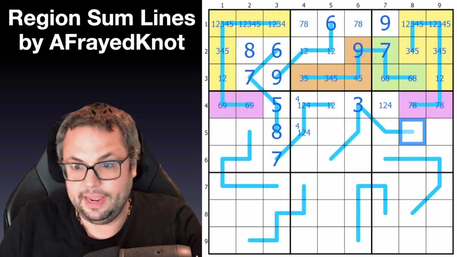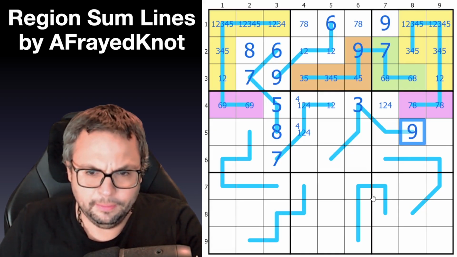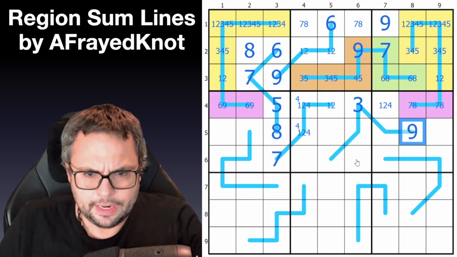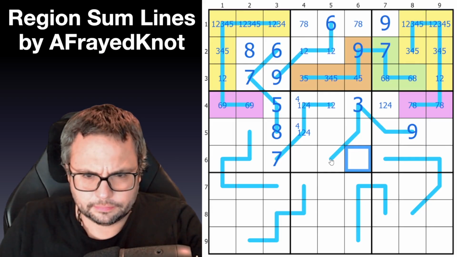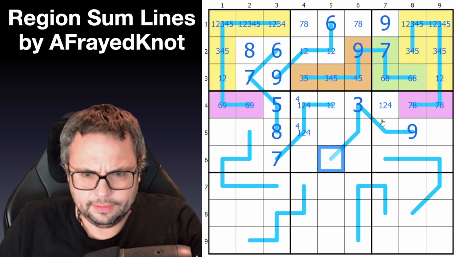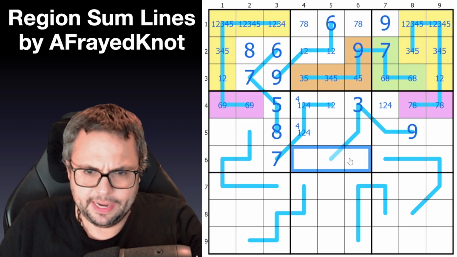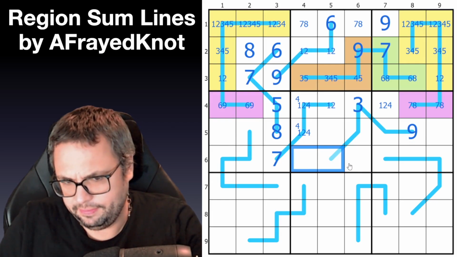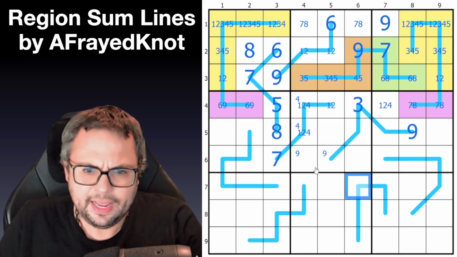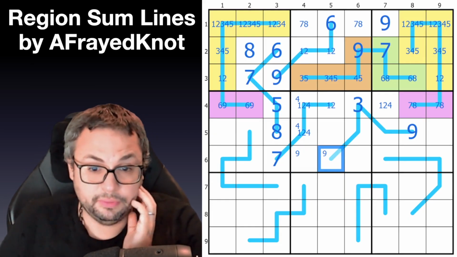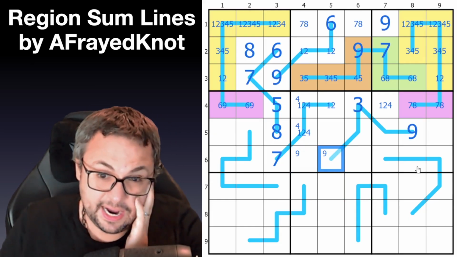And because of that 9, I actually know where that 9 is. It's there. Let's see. We can look at Sudoku on 9s into this box. That's not a 9 because of that one. So one of these two is a 9. I can take a second and ask myself if there's really any world where this is a 9.